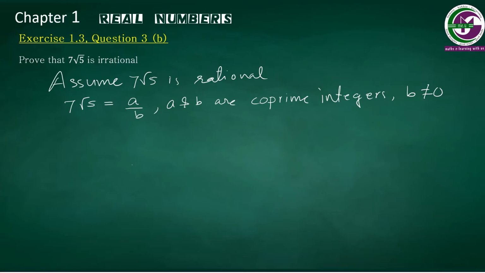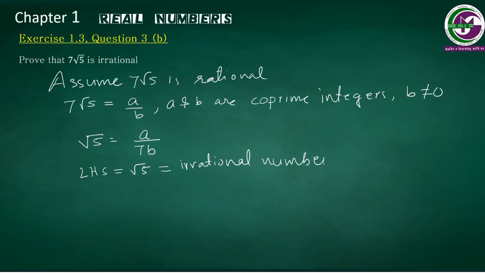Now we'll divide both sides by 7, so we'll get root 5 equals a divided by 7b. Now we'll analyze the LHS and RHS of this equation. LHS equals root 5, which is an irrational number. And we analyze the RHS.